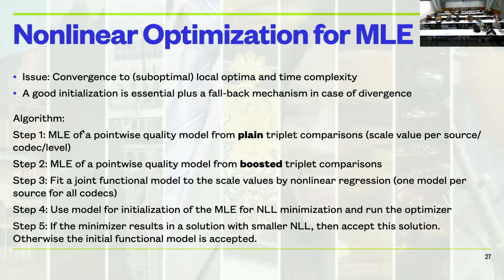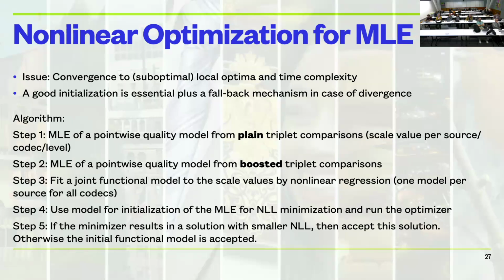So we came up with the following algorithm as a good solution for the initialization. So the first is that we go back one step and actually do the pointwise quality model from plain triplet comparisons. So there we do have one scale value per image and not a functional model yet. That is always easy to obtain, and there's no convergence issue with this. And then in step 2, we do the same thing from the boosted triplet comparison.